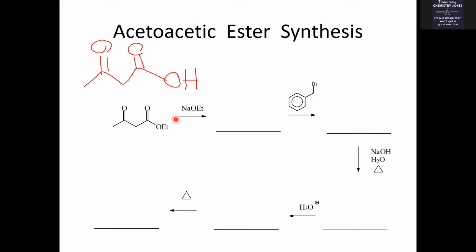So this compound is ethyl acetoacetate. Mouthful, I know. The acetoacetic ester synthesis is so similar to the malonic ester synthesis. The first step is going to be pluck an alpha hydrogen. The next step, add a good SN2 substrate.